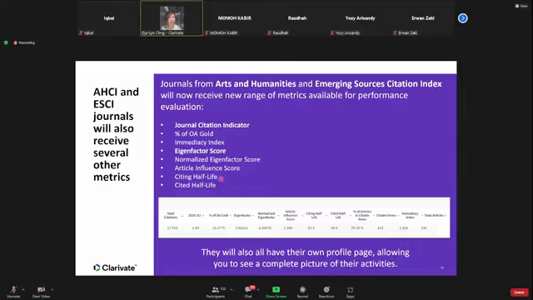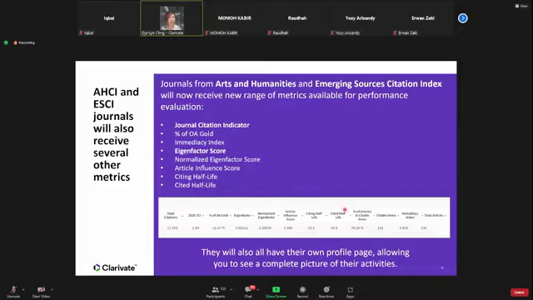Okay. Then there's a citing half-life and cited half-life. So citing half-life would show you the citation age of those references used by this journal. Okay, so that means what is the oldest content that they would probably be citing. Whereas for the cited half-life, it will mean how many years, so that means the age of the article that is being cited within that journal.